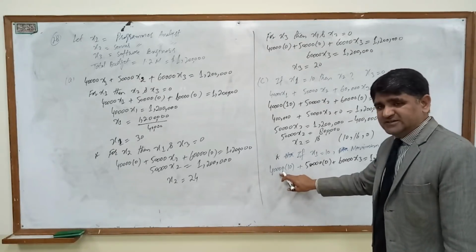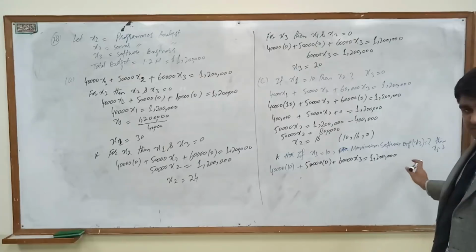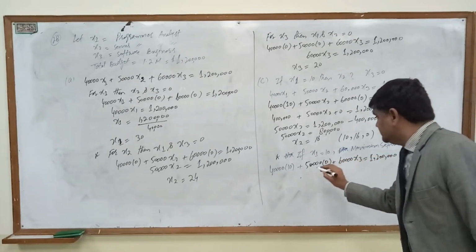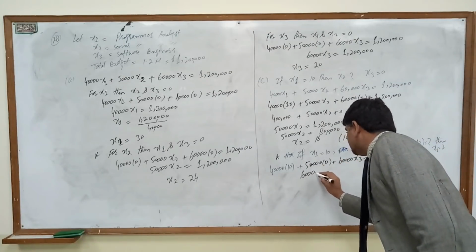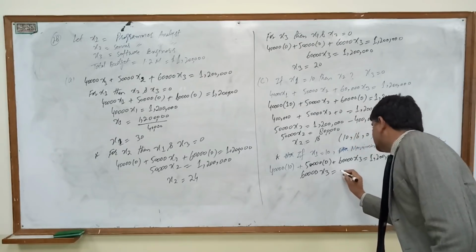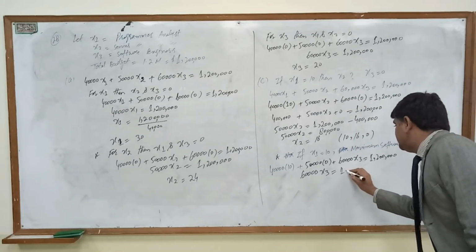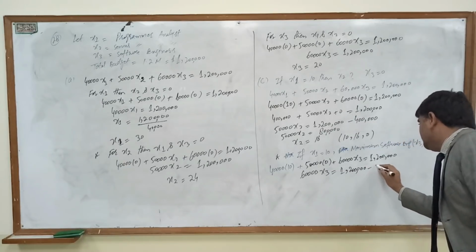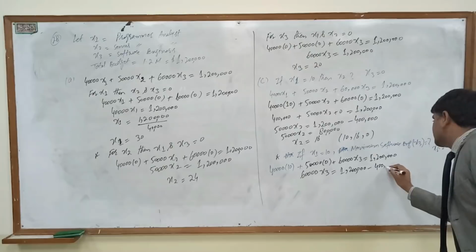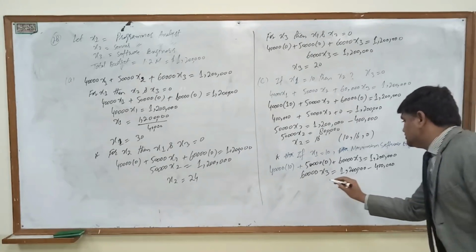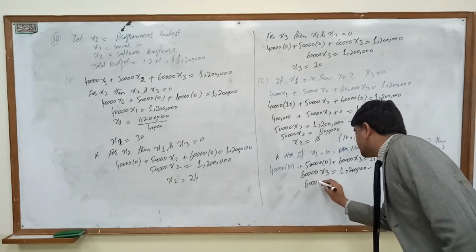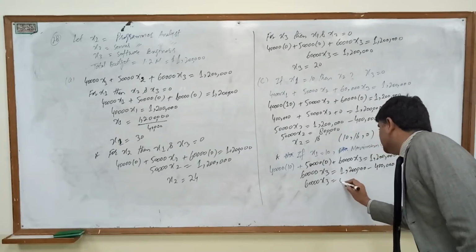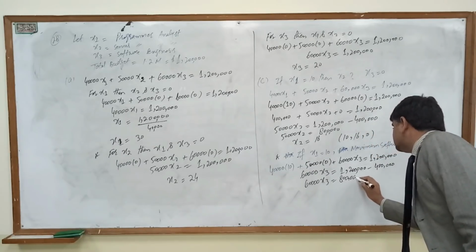So it's 400,000, and the other term is 0. We can simplify and directly solve here. So 60,000 x3 is equal to 1.2 million minus 400,000. So 60,000 x3 is equal to 800,000.